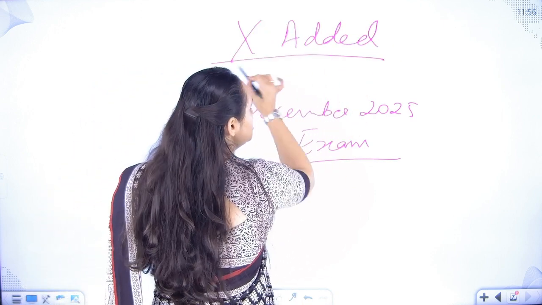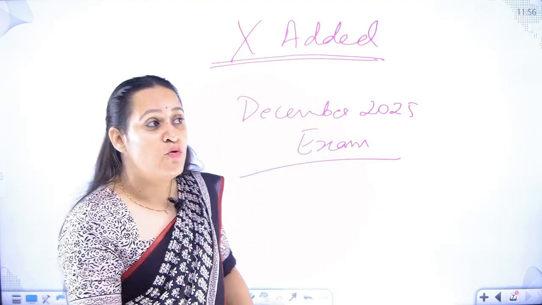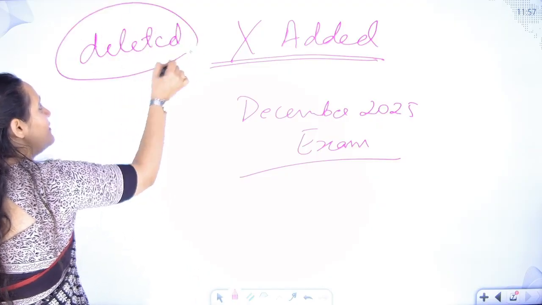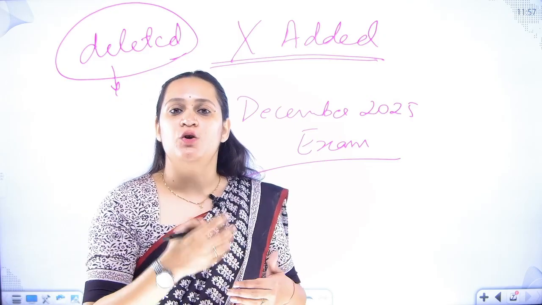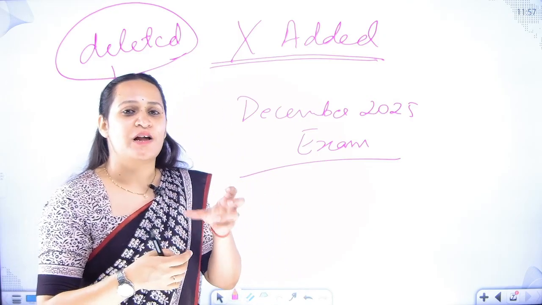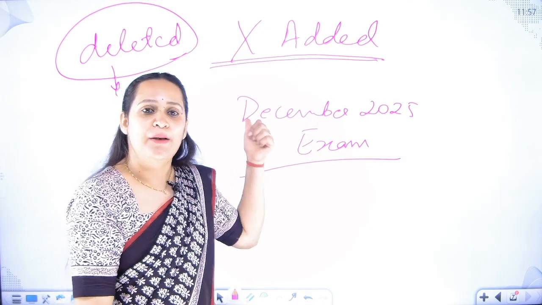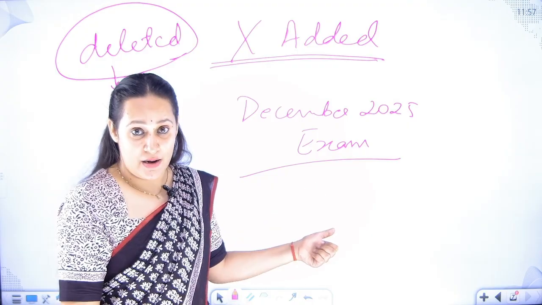There is no addition of any new content that you're required to study now. They've only deleted the content, and deletion of the content is in the welfare of the students. It is for the benefit of the students, and you will not require time to prepare. It is just deleting from the syllabus. So it can be implemented with immediate effect right from the December 2025 attempt.